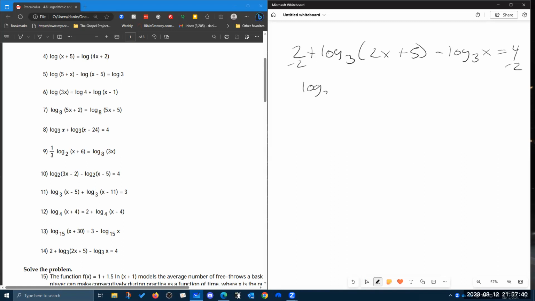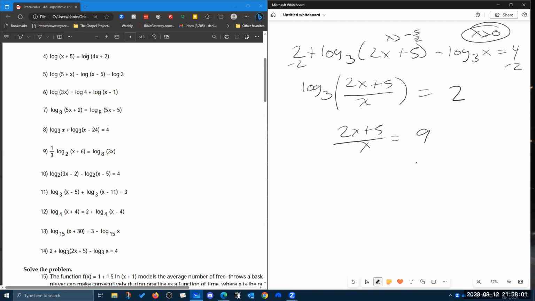Log base 3 of 2x plus 5 over x equals 4 minus 2, which is 2. 2x plus 5 over x equals 3 squared, which is 9. X greater than negative 5 halves, x greater than 0, x greater than 0 wins.